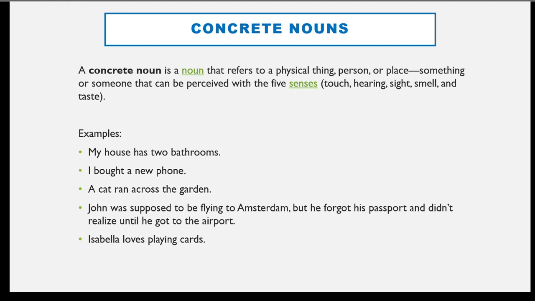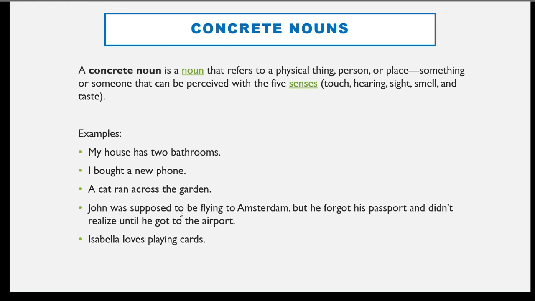Was supposed to be flying to Amsterdam. Amsterdam is a city, so it is a place and a concrete noun. But he forgot his passport. Passport is a thing and also a concrete noun, and didn't realize until he got to the airport.